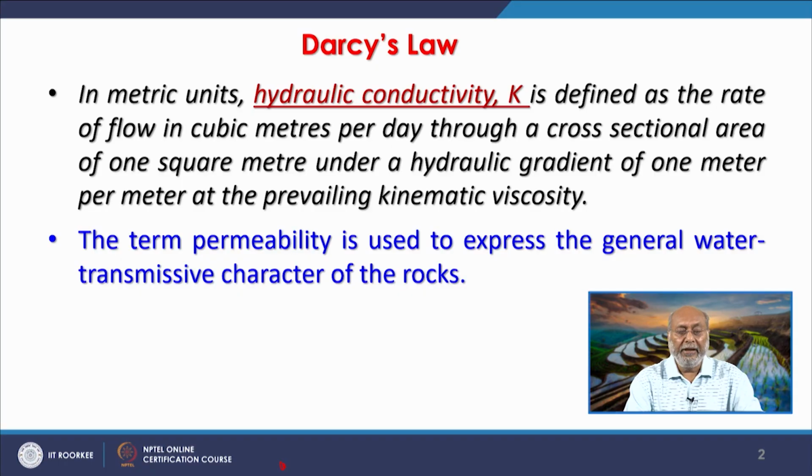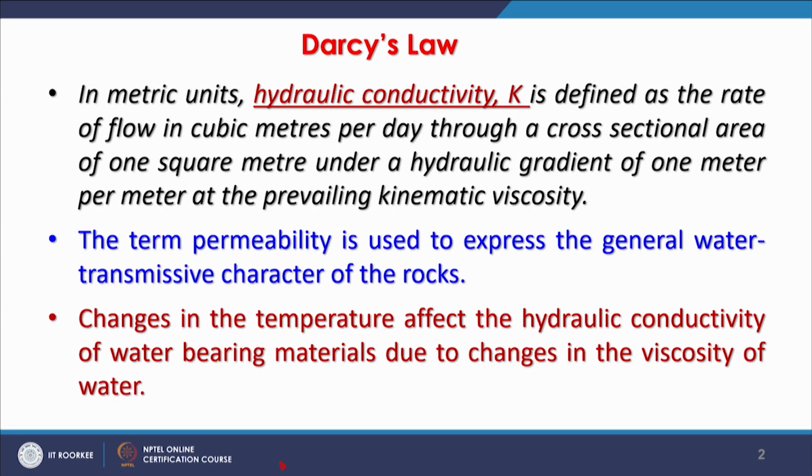As you know, in the earlier discussion we touched a little on this: the term permeability is used to express the general water transmissive character of rocks. Because now, instead of the experimental setup, we are slowly moving towards the real situation where water is flowing through rocks, we can express permeability as the general water transmissive character of the rocks.